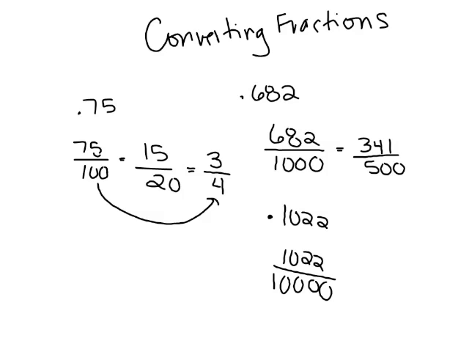Simplify. What do I know they're both divisible by? 2. So 2 into 1022 is 511, and 10,000 becomes 5,000. That might be as low as it goes. I think I need to pick some easier numbers to work with. So now you just go 511 divided by 5,000, and it should take you back to 0.1022.